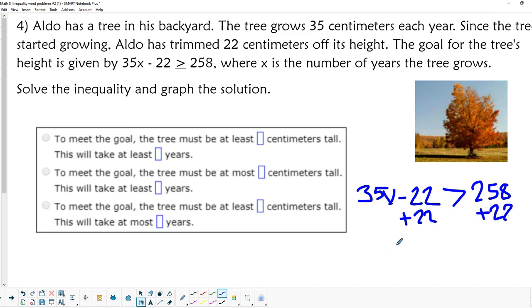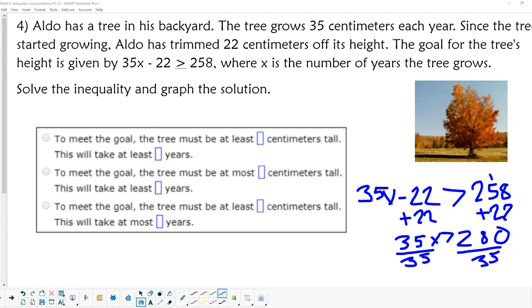And we end up with 35x is greater than or equal to 280 centimeters, right? So then we're going to divide by 35. So when we divide 280 by 35, we'll get a calculator to do that because that's kind of big numbers, right?